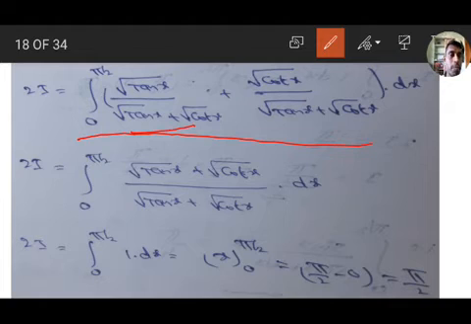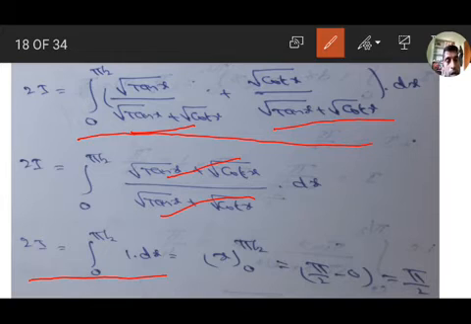The denominators, square root of tan x plus square root of cot x, are the same. So we get in the numerator square root of tan x plus square root of cot x, the same as the denominator, so they cancel out and we get 1. So 2I equal to integration 0 to pi by 2 of 1 into dx.